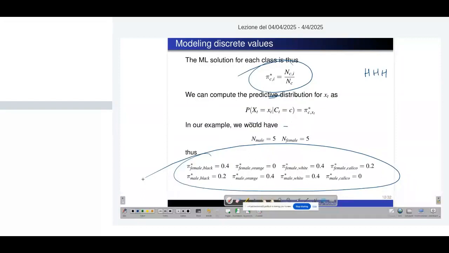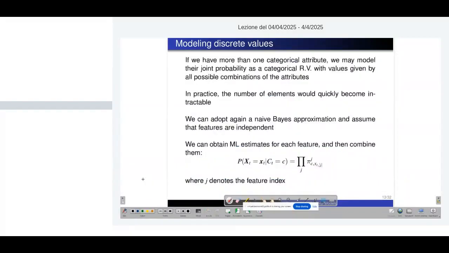Now, we may want to extend the model to more than one categorical attribute. At the moment we consider the color of the fur. Let's extend and consider, for example, also the color of the eye. That's another discrete feature.